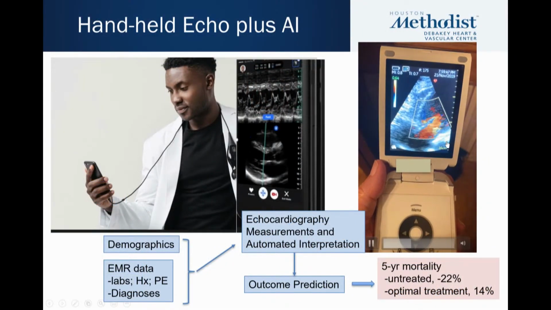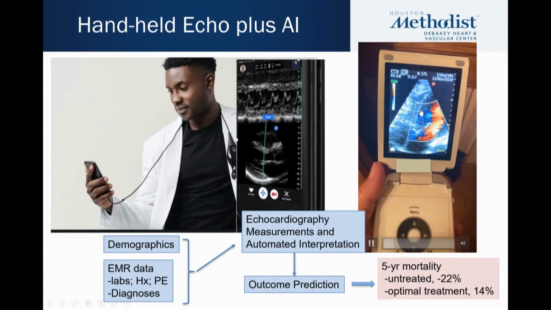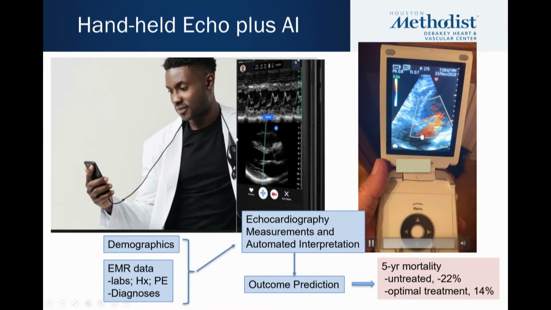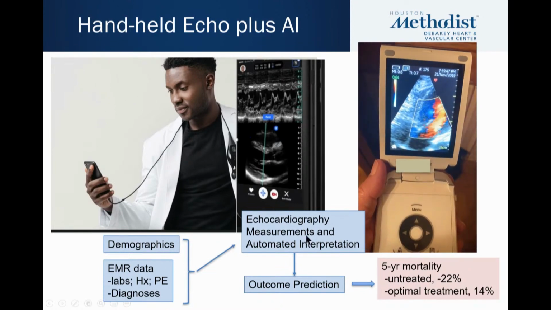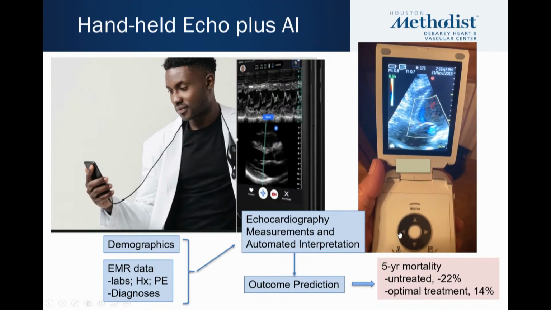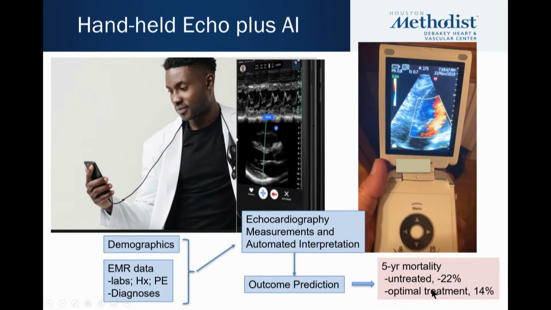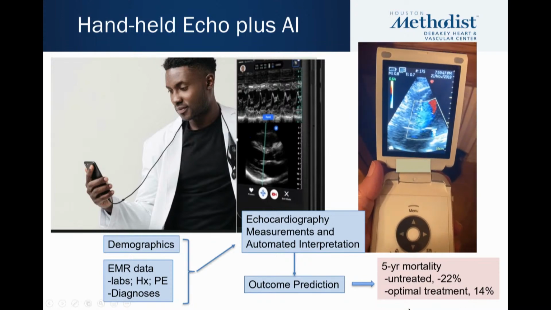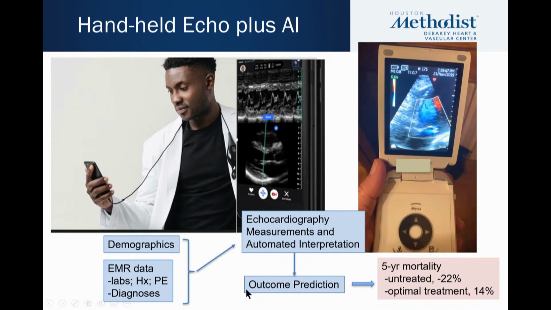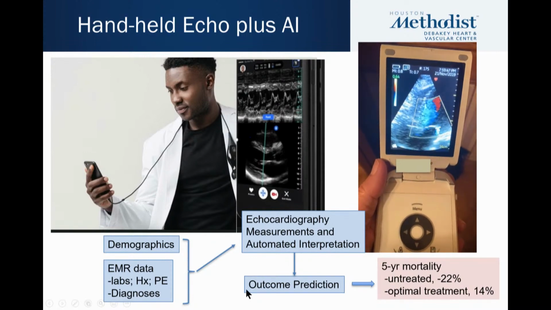We were using a handheld device. You can see a poor EF and some mitral regurg. This could, in the future, be part of all of this conglomerate of data analysis, and the system could spit out telling me that the 5-year mortality may be 22% if I don't do anything, but if I do optimal therapy, it could be 14. I might even recommend to me what that optimal therapy might be. So this is an amazing future that we are looking at.